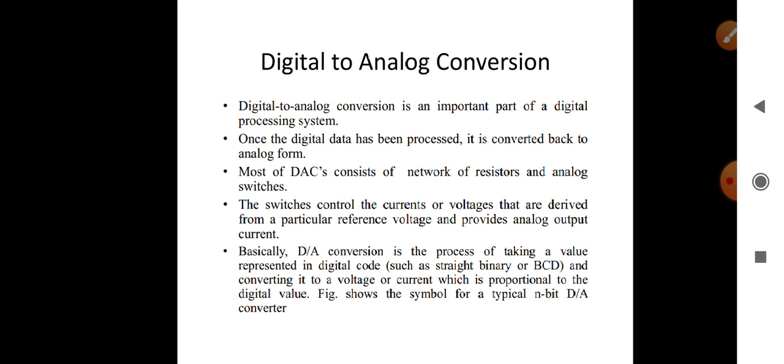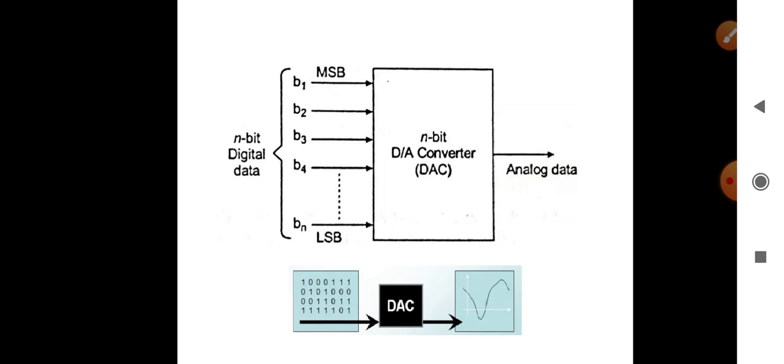How does it do this? Here we have the digital value, say B1, B2, B3, B4 up to Bn. At the topmost we have the MSB, at the bottommost we have the LSB, that is least significant bit.